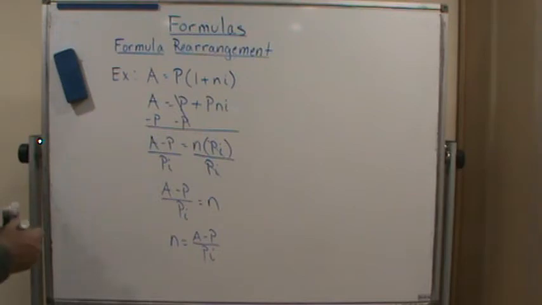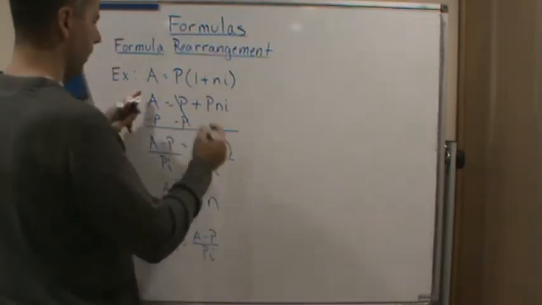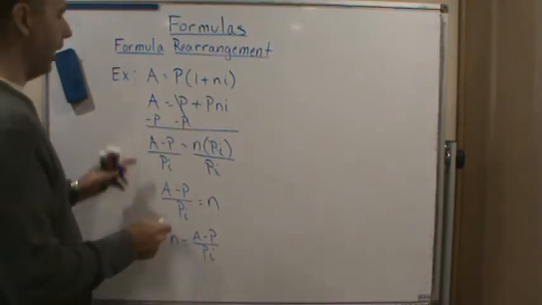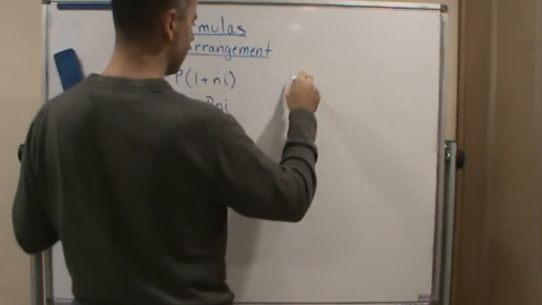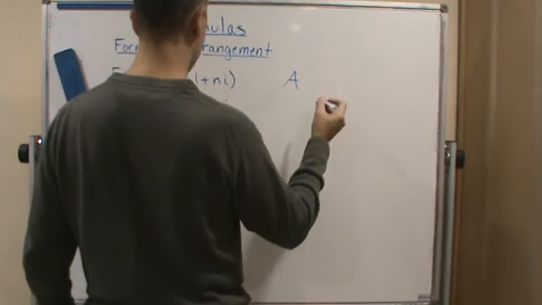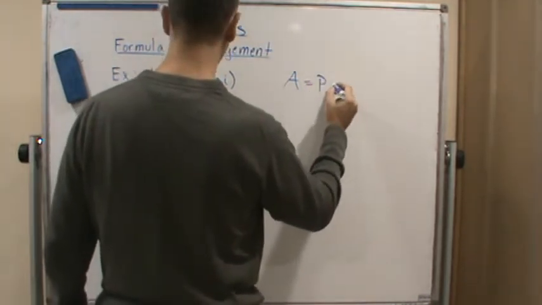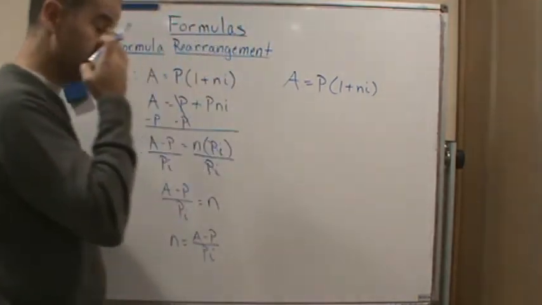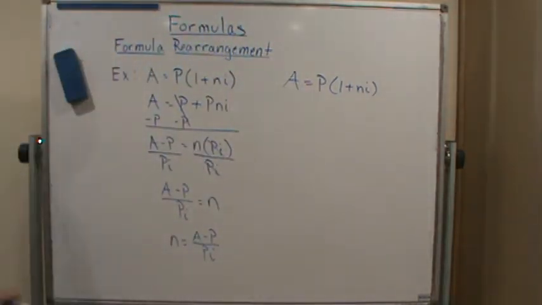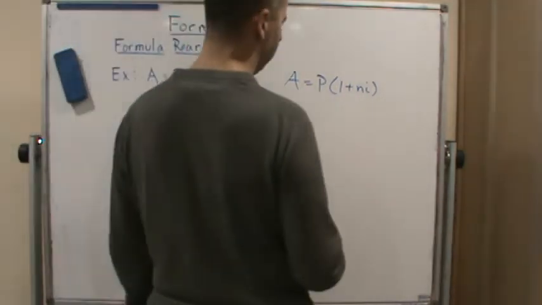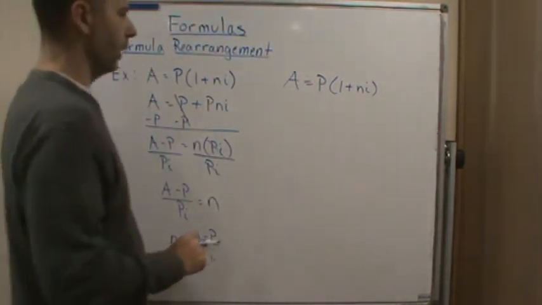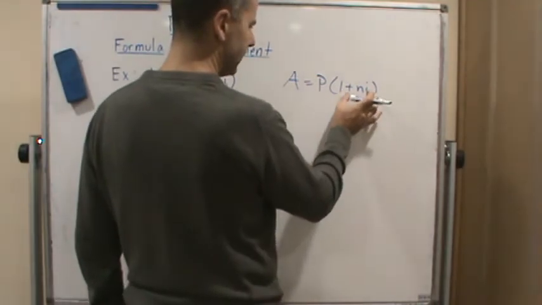Okay, so here's the other way to do it. Let's say I don't want to distribute. Well, here's what I can do. Let's take the same formula: A equals p times the quantity 1 plus n times I. Now I want to isolate this n.